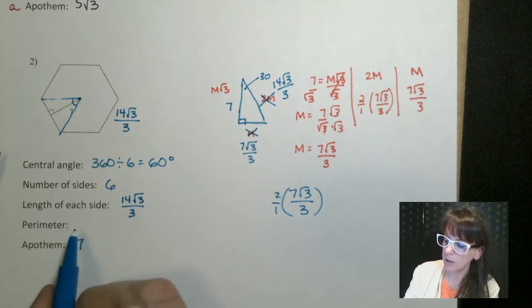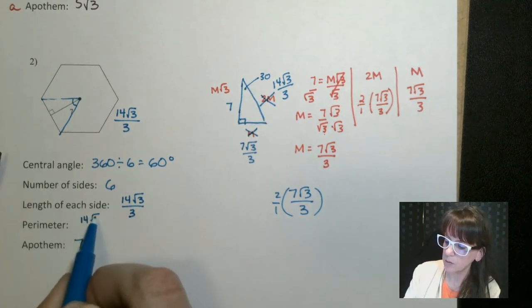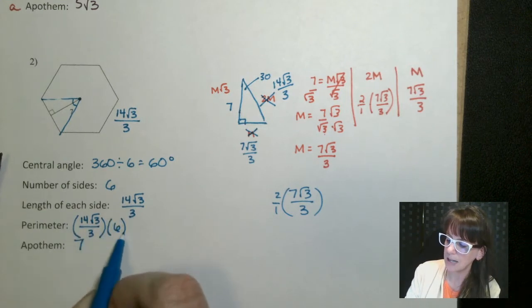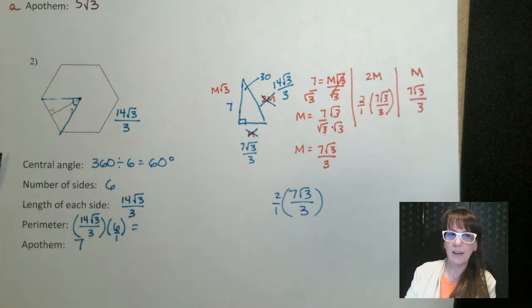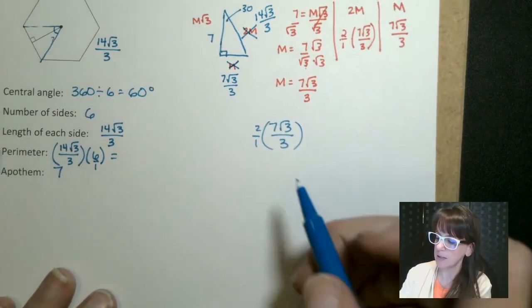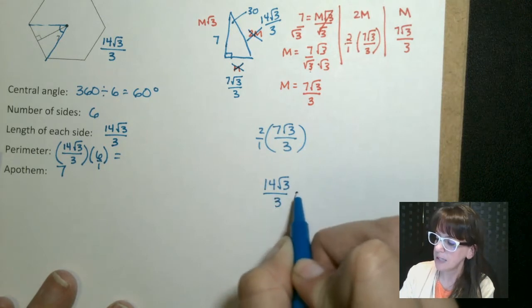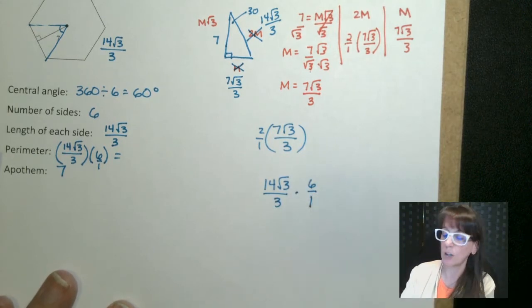And the perimeter is 14 root 3 over 3 times the 6 sides. So put that over 1. Let me make this a little bit bigger for you. I have 14 root 3 over 3 times 6 over 1, because there are 6 sides.